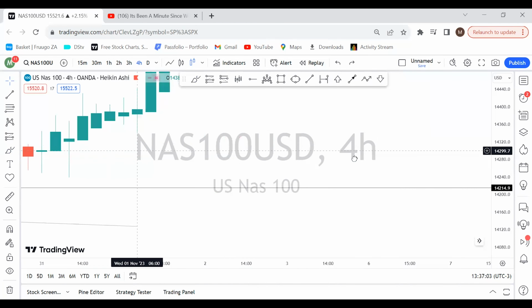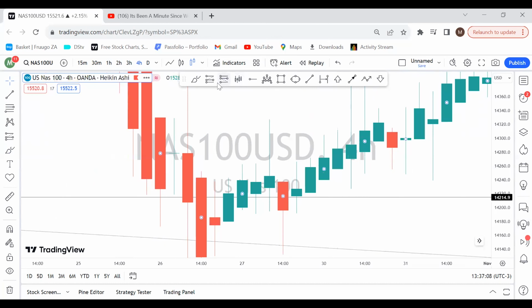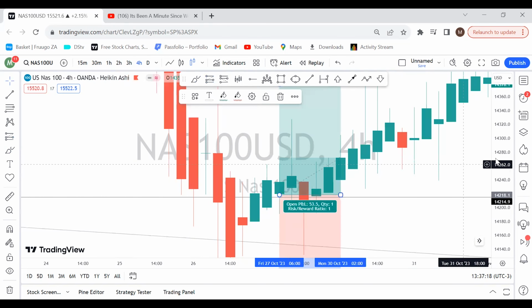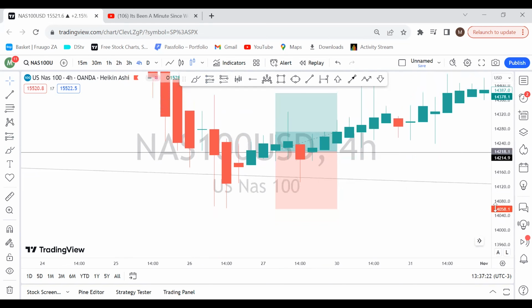So let me just go back right there. So you can open at the opening of the 3rd candlestick, which will be this point right here. And then when it comes to your stop loss, you must set your stop loss below the lowest point of that 3rd touch.